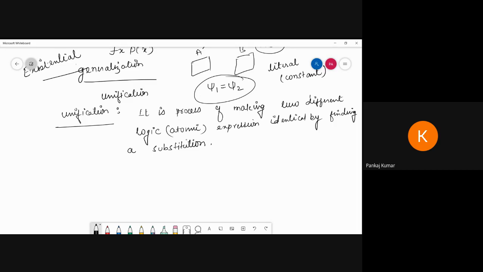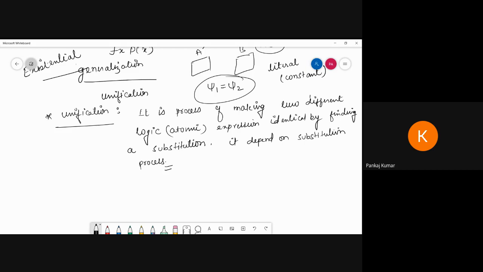So we can say that it depends on the substitution process. Okay, so that is the meaning.